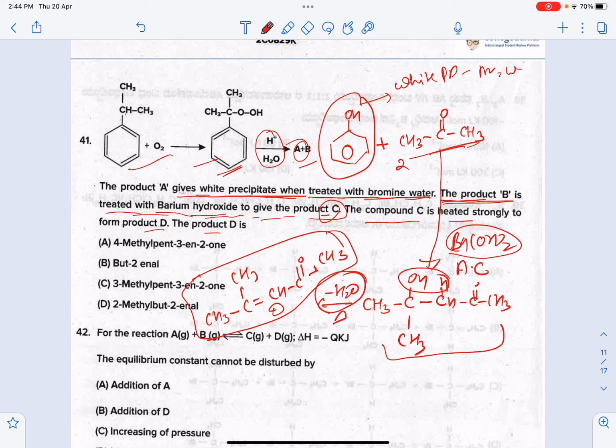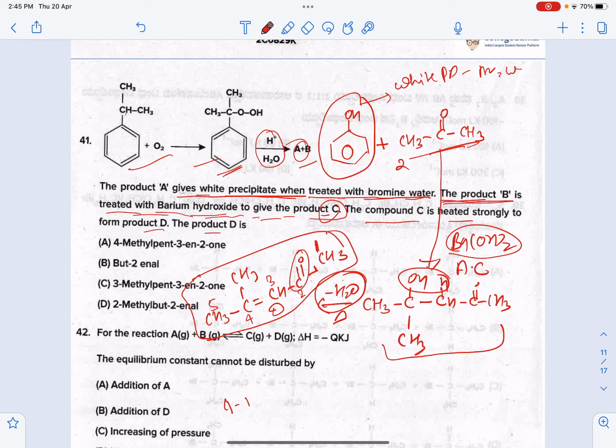Now you can see its name, numbering 1 2 3 4 5. For naming, the ketone has the lowest number priority, so numbering starts from here: 1 2 3 4 and 5.